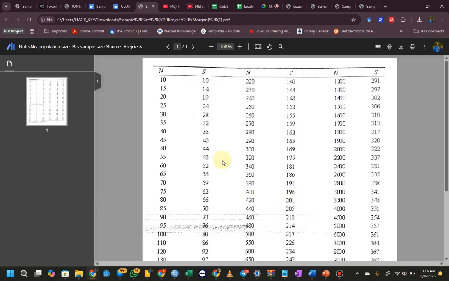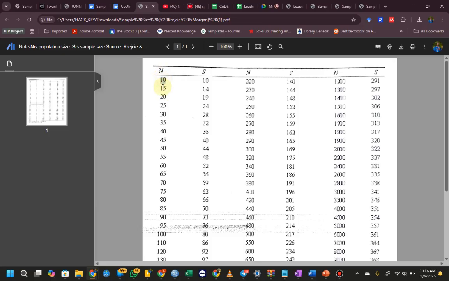Yes. So once you open the file, you realize that at the top we have N, and then we have S next to it. Then we have NS at the top, and then you have numbers. The N you are seeing, the numbers here, are the accessible population.